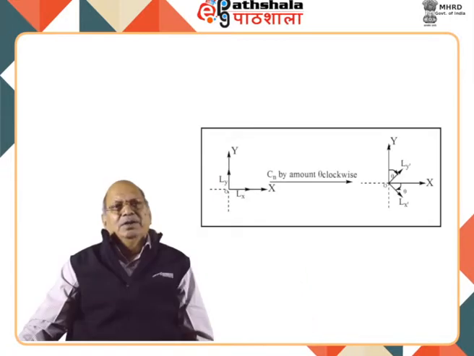So, vector Lz will lie along the z axis and will not change by the rotation about the z axis. This type of rotation is shown by an angle of theta. The z axis is not shown for the sake of simplicity, and so Lz along the z axis is not shown. So, the problem is now reduced to only two dimensions, that is, only in the xy plane.